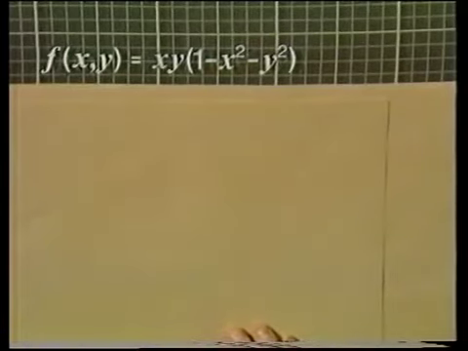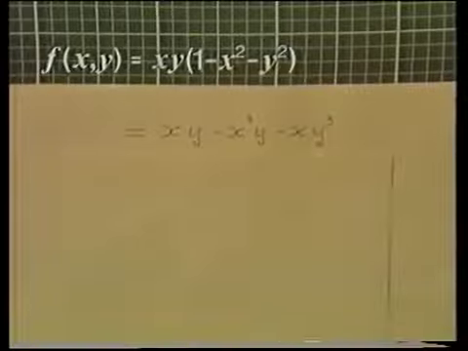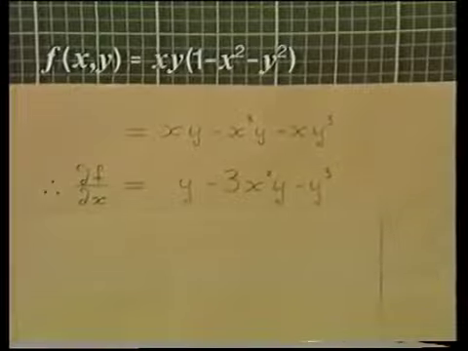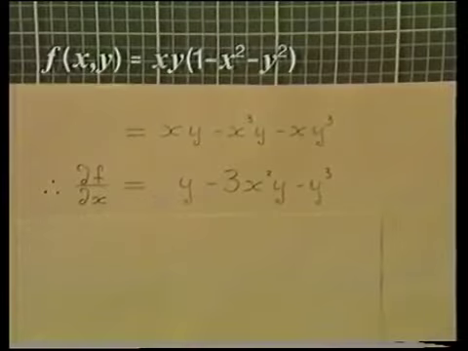You've seen in the text that partial df by dx is the derivative we get by treating y as a constant. To work out the derivative of f, I'll first of all multiply out f to get this expression. If I now differentiate that with respect to x, I get this expression for partial df by dx.